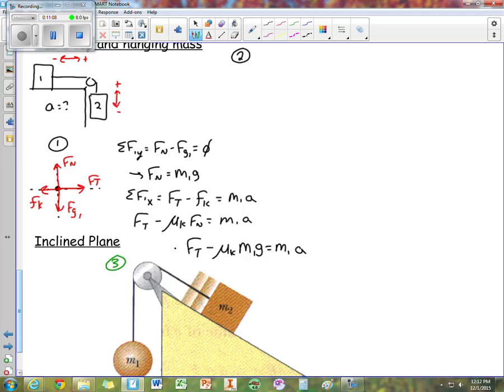For object 2, it just has forces along the y-axis. It's going to have a tension force and Fg2.